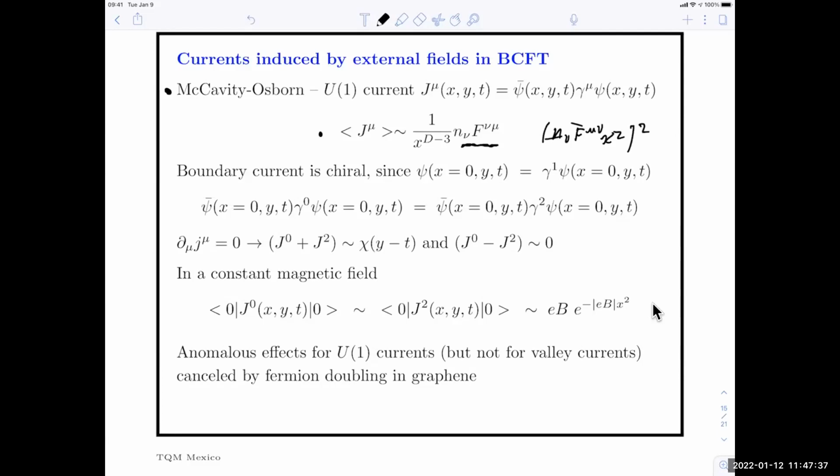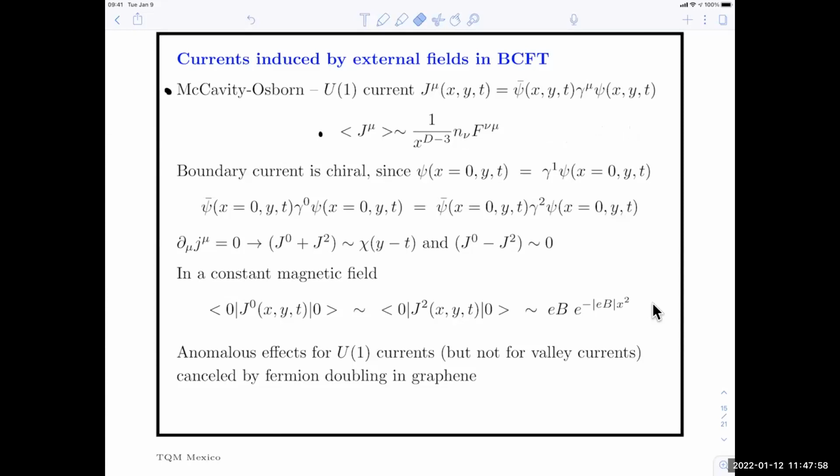However, there's a puzzle if we want to pull this down from 4 to 3 dimensions. And that puzzle is the following. There's this 1 over x to the d minus 3 in front. So if I set d equals 3, that goes away.